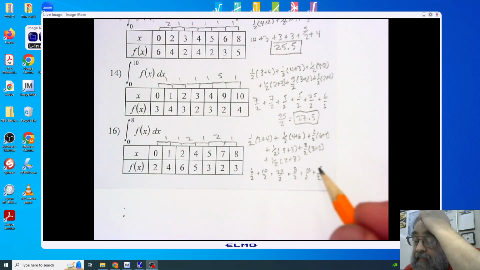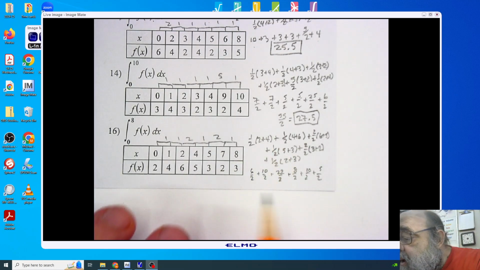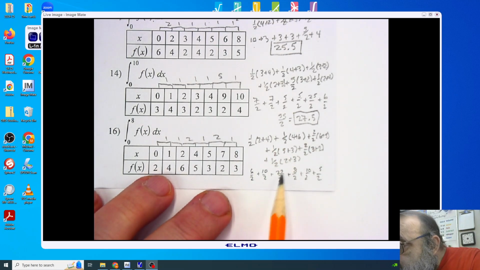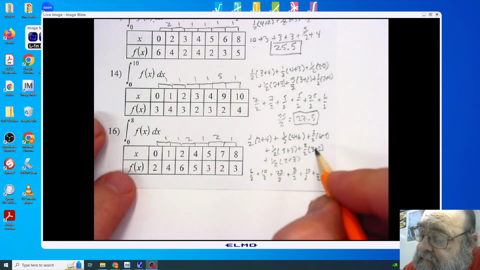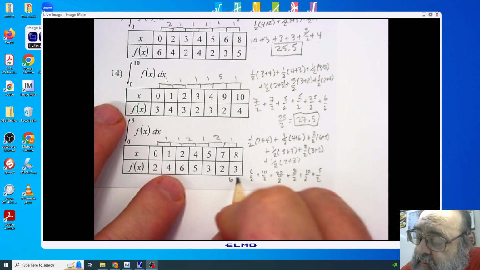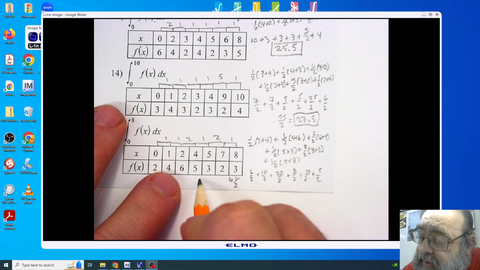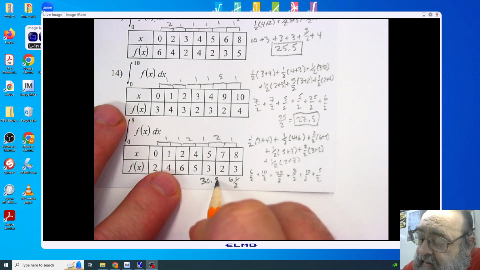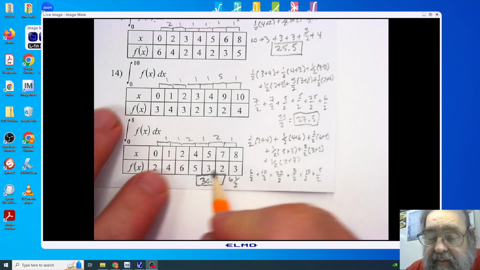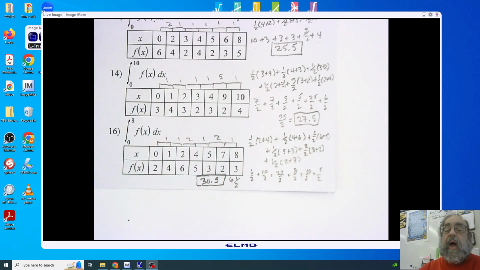And now I will add them all up again. So we have 30, 40, 50, 61 halves. And 61 divided by 2 is 30.5 as my answer. And there we go.